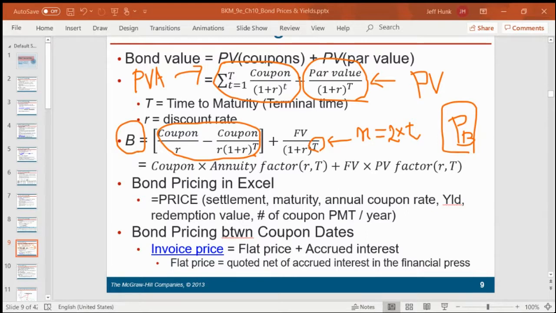TSLA. Yeah, Tesla is trading above $2,000. It's actually 2015 at this moment.